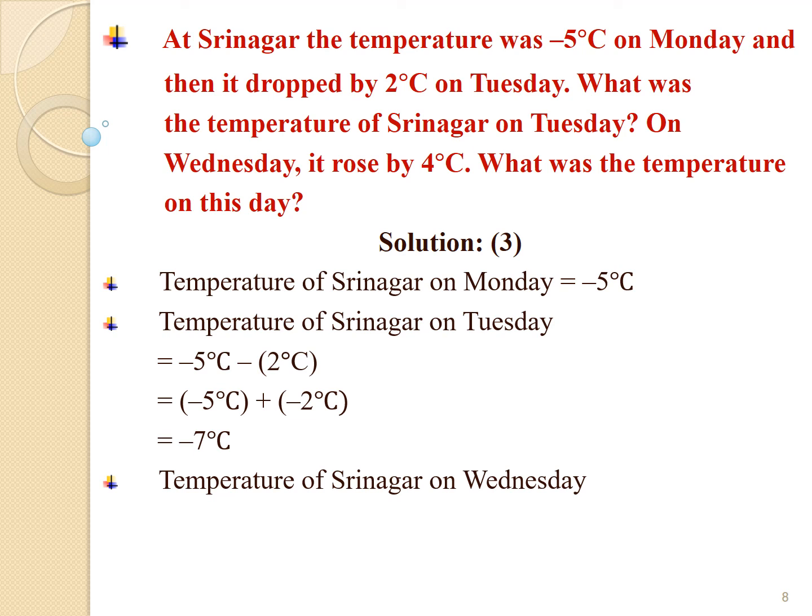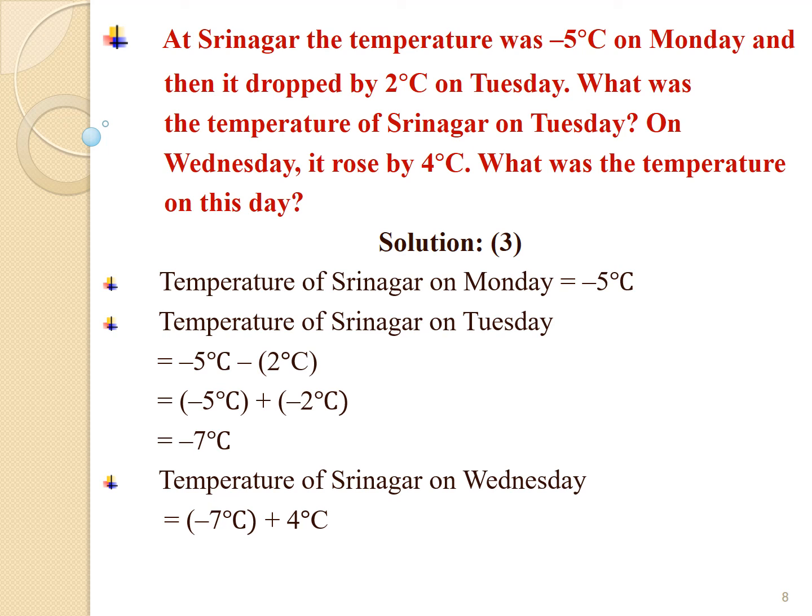Now, let us find the temperature of Srinagar on Wednesday by adding 4 degrees Celsius, as the word rose is given to us, to the temperature of Srinagar on Tuesday, which we obtained. Thus, adding 4 degrees Celsius to -7 degrees Celsius, we get -7 degrees Celsius plus 4 degrees Celsius.